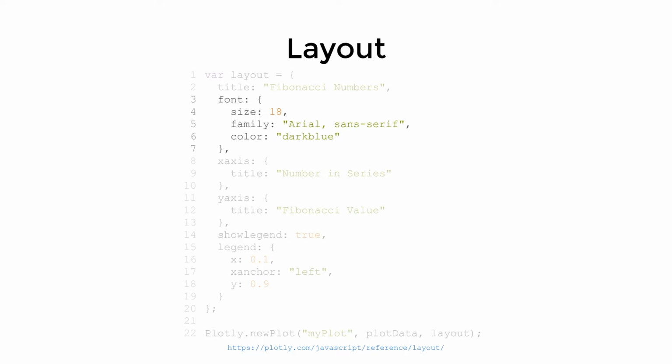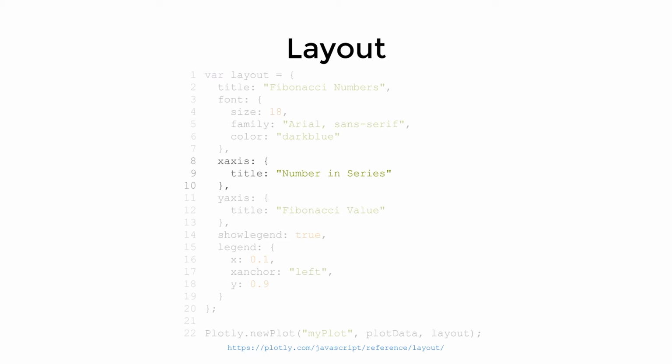So in the case of size, we have numbers. In the case of the font family, we have a font family name, as well as a fallback font family, which is sans serif in this case. And for color, in this case, we have a named color, but you can easily use hex colors or RGB color codes as the value for that property.